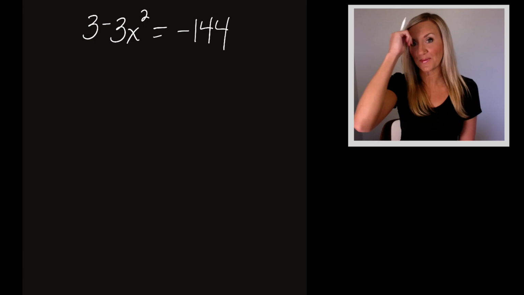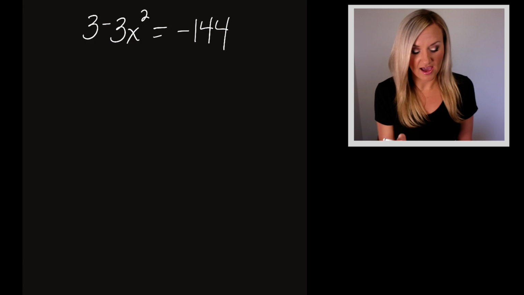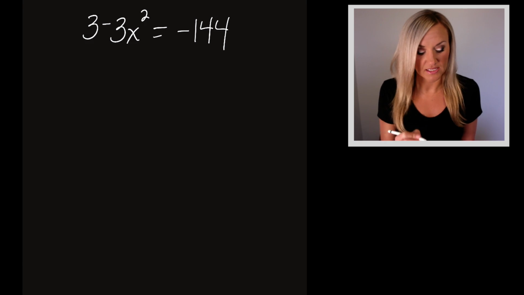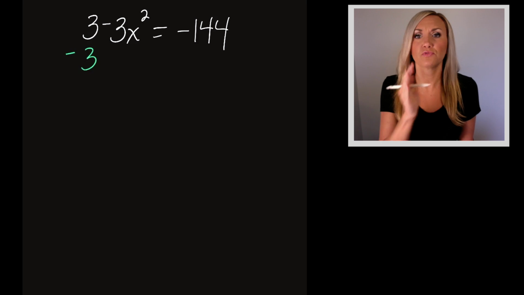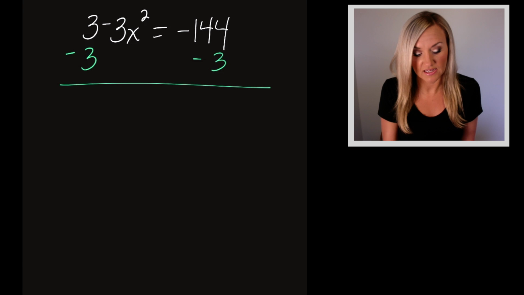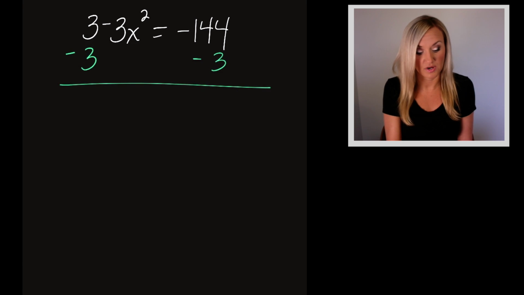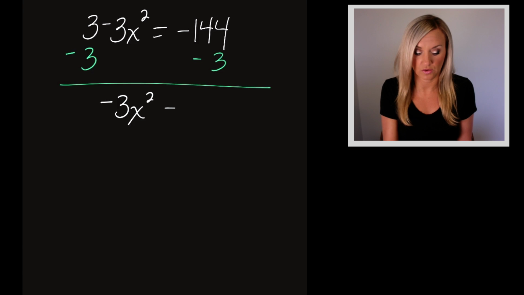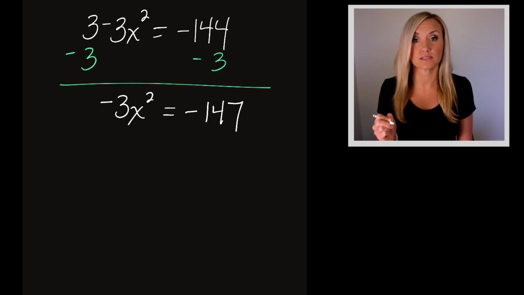All right, guys, welcome back. I have only one term with an x squared, so I want to get that by itself. This is a positive 3 up front, so I want to subtract it to the other side. And when I do that, right, I'm left with a negative 3x squared equals a negative 147.